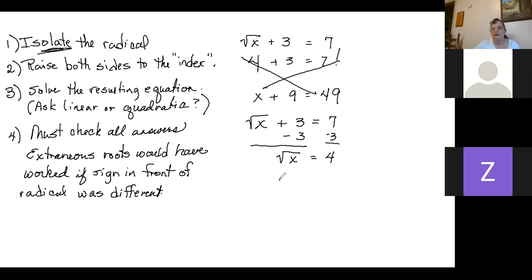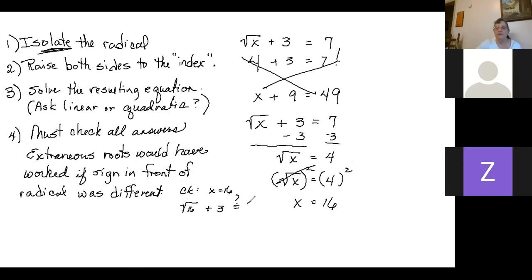Now I can square both sides. That'll cancel that out, and I end up with x equals 16. And if I check, then I've got the square root of 16 plus 3 is supposed to equal 7. Gives me 4 plus 3, which is 7, which equals 7. Check.